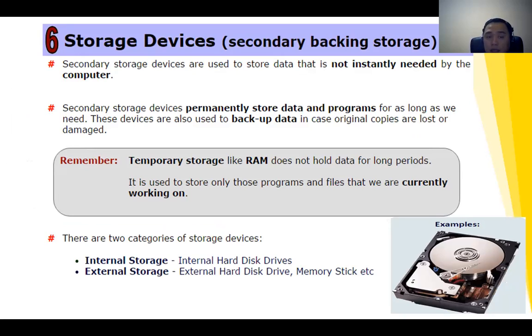These devices are also used to back up data in case original copies are lost or damaged. Remember, temporary storage like RAM does not hold data for long periods. It is used to store only the programs and files that we are currently working on.